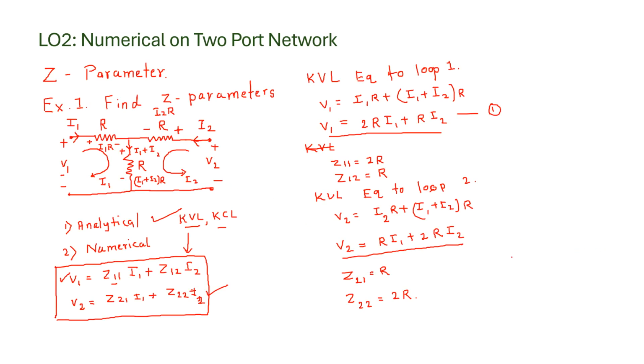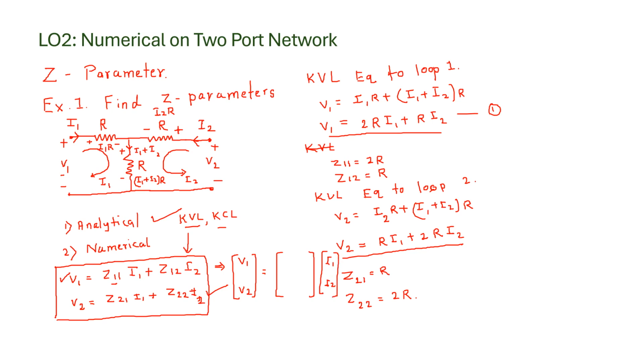What is that? So I will write this equation in the matrix form as V1, V2 is equal to, here we have I1 and I2.